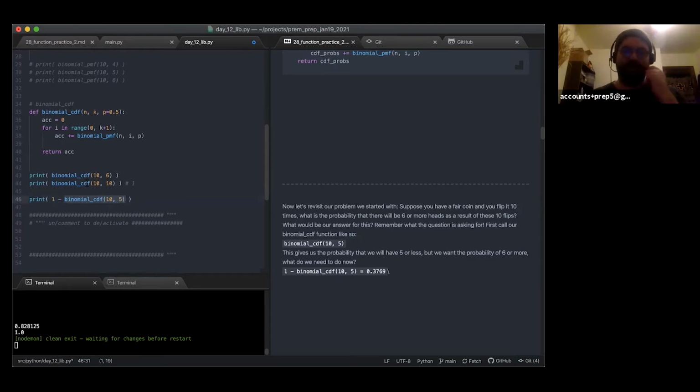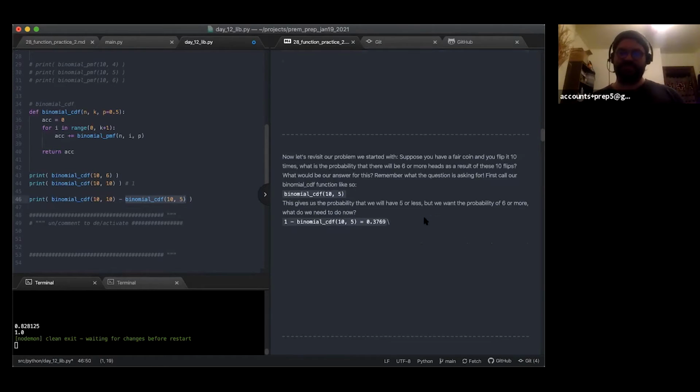So 1 is the probability of getting 10 through 10, which we can pop in there. That's going to give us 1, so this minus 0 through 5, and that'll give us 6 through 10. Cool. Does that make sense to everybody? Hopefully it does.